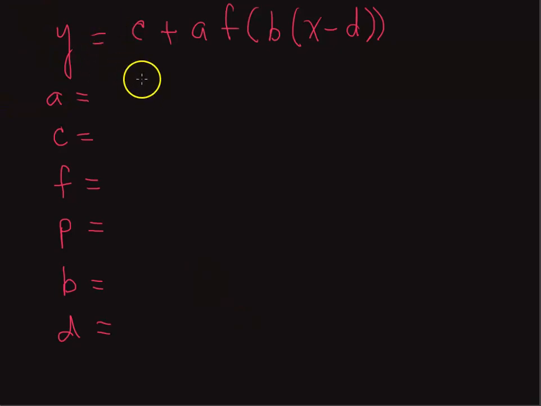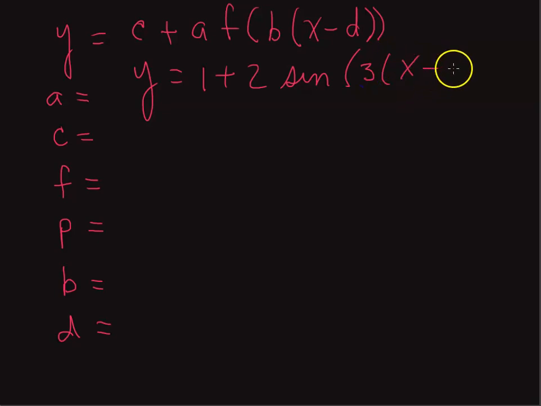Okay, so let's put these all together. Just start counting, right? Y equals 1 plus 2 sine 3x minus, let's make it a nice number, I guess, pi over 2. Okay. First of all, when I give you this, you're going to need to give me all the values.